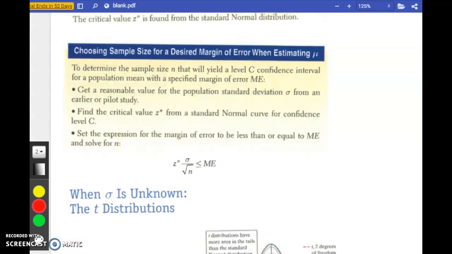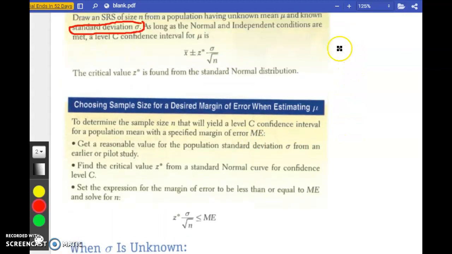And then we had some of these last section with proportions. If you want to choose a sample size given some margin of error. So remember the formula here is X bar, that's your sample mean, plus or minus Z star sigma over square root of n. This is your margin of error.